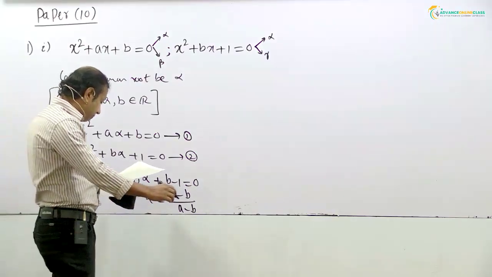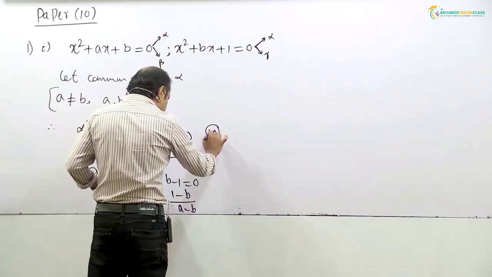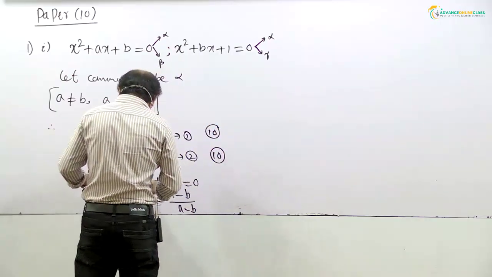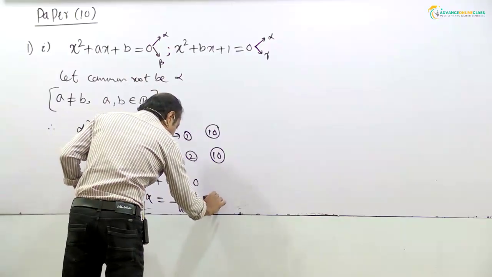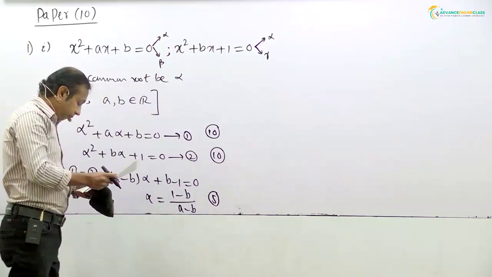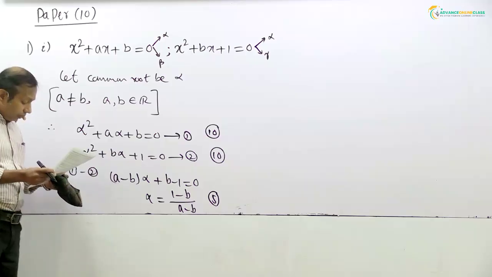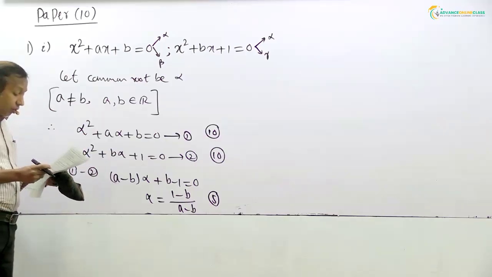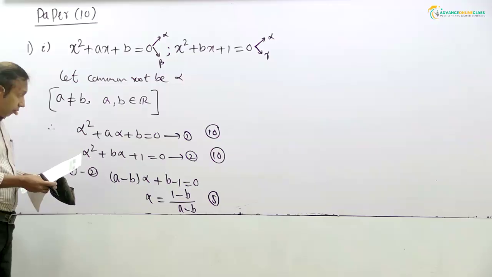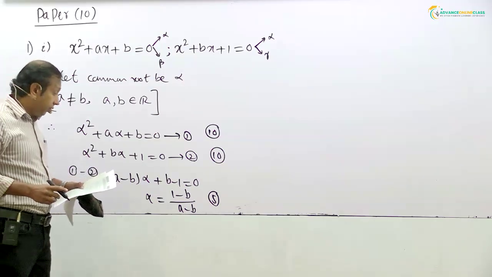Here you are given marks. For this, 10 marks. For this alpha, 5 marks. Then the question is really asking for the common root, no? In this case, you must write this in words.